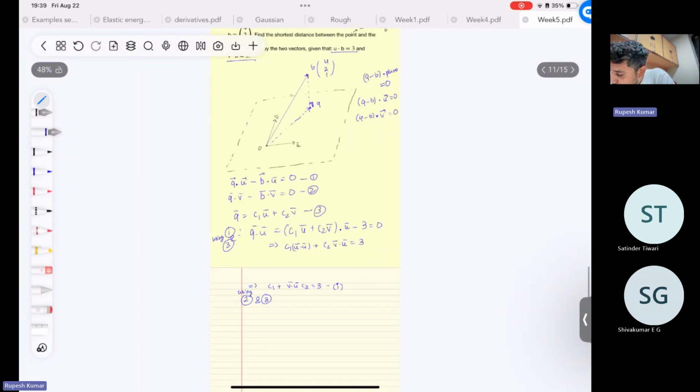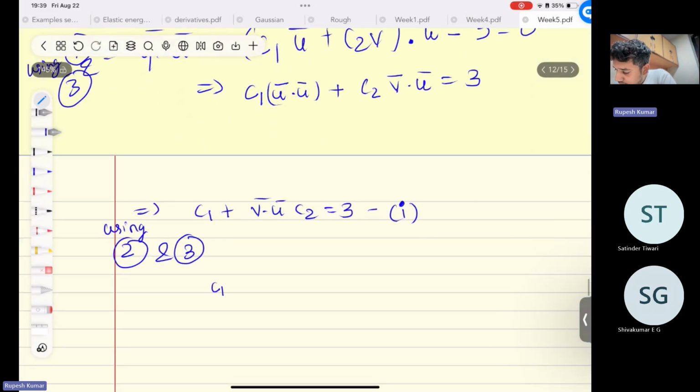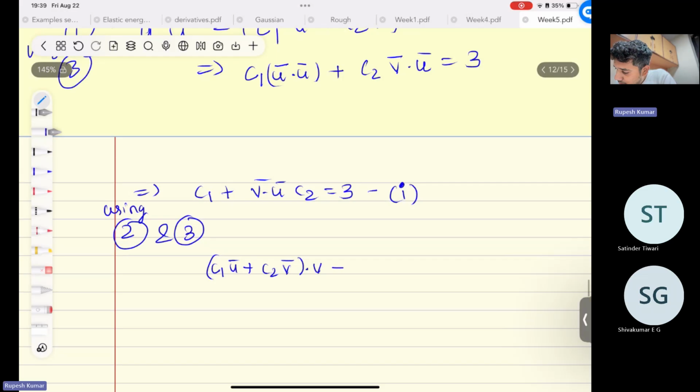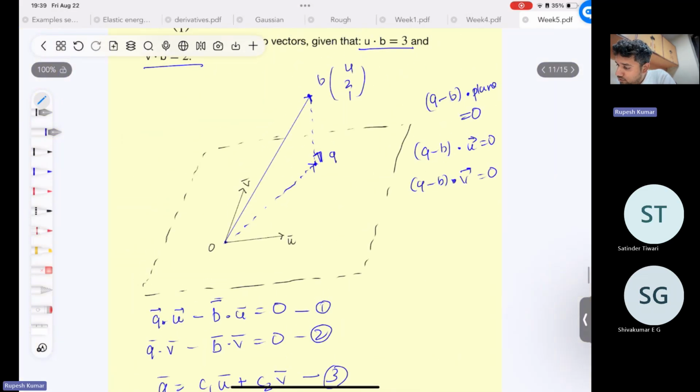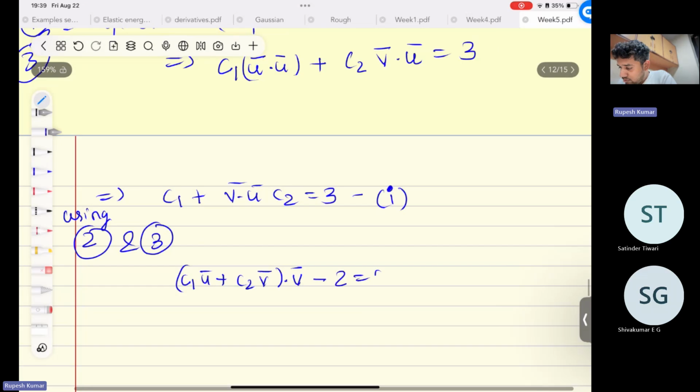Equation 2 says Q dot V. Again, Q is C1U plus C2V, dot V, minus B dot V. We know the value of B dot V is 2, minus 2 goes to 0.